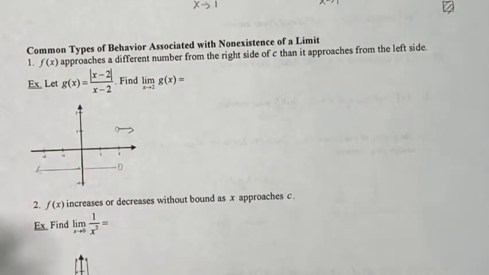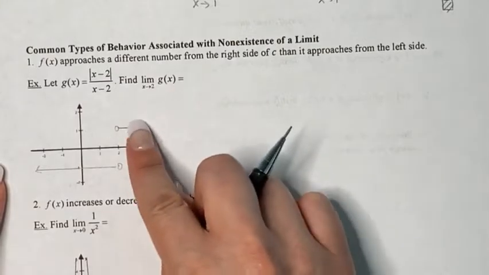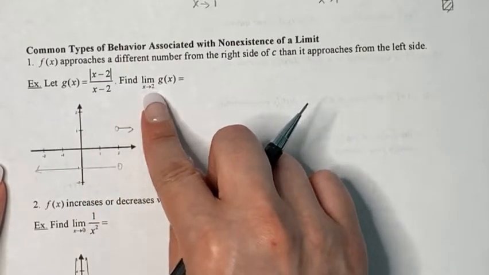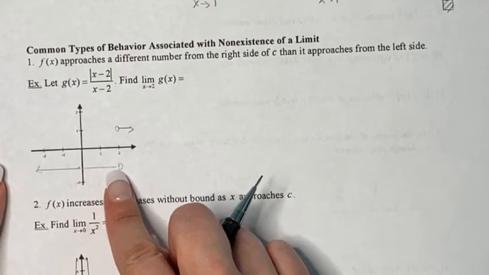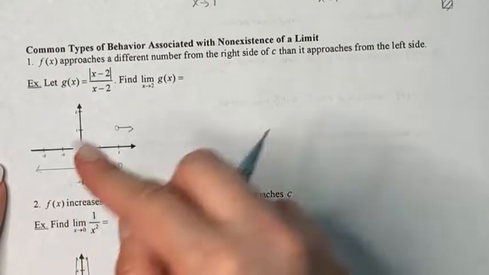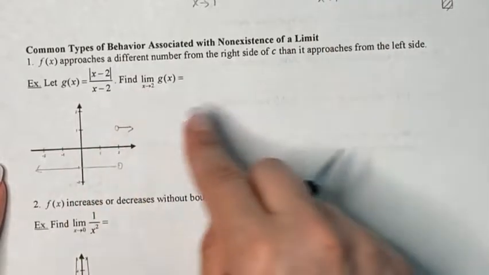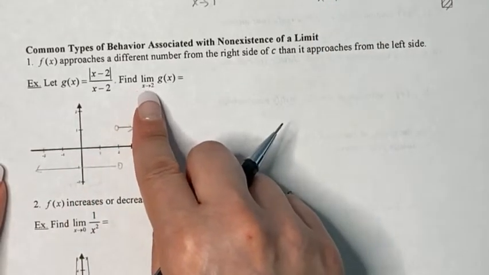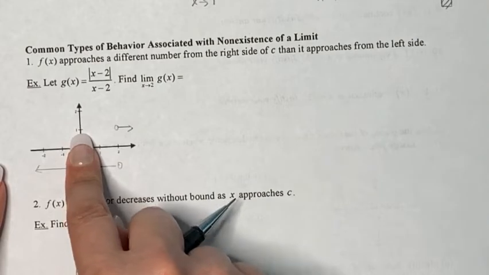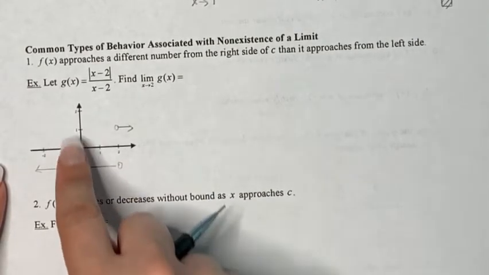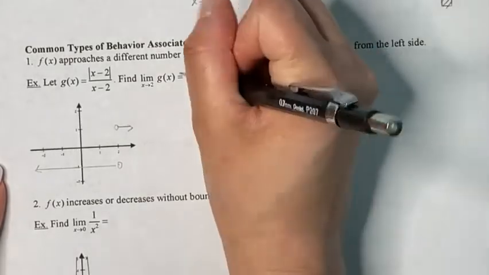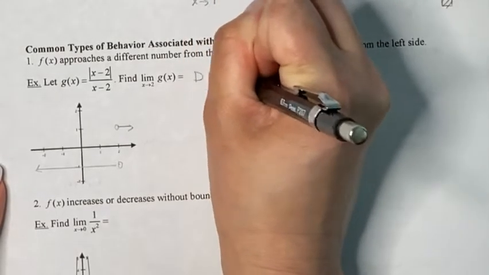So what do you have? We have that the limit when x approaches 2 from the left of g of x is going to be negative 1. Now, when you evaluate the limit as x approaches 2 from the right, you have that the limit is going to be 1. Since the limits are not the same, because 1 and negative 1 are not the same, we know that this one does not exist.